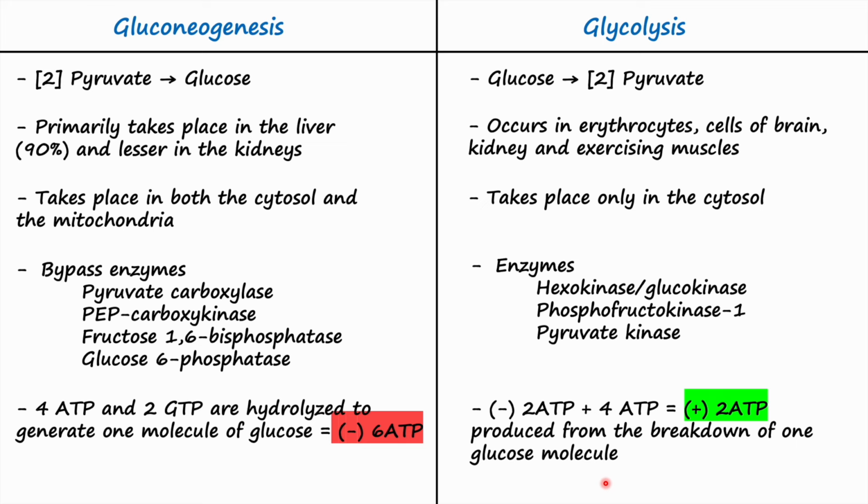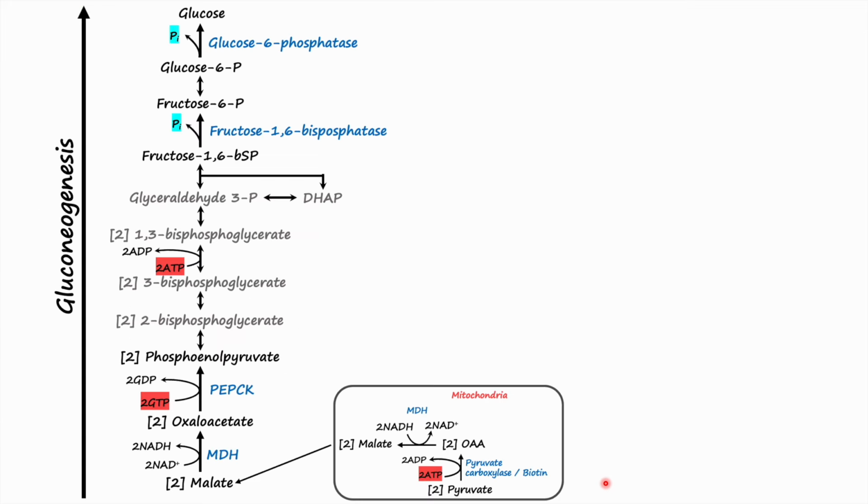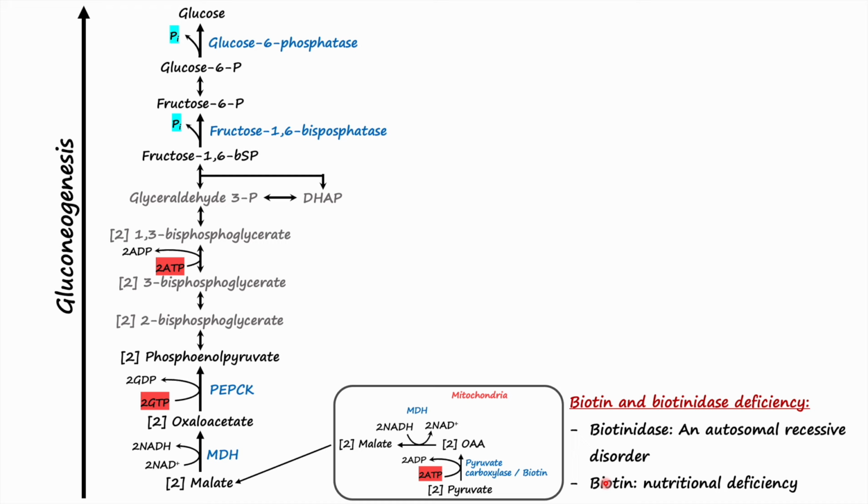And lastly, I also wanted to talk about the clinical significance of the enzymes involved in the gluconeogenesis pathway. First is biotin and biotinidase deficiency. Biotinidase deficiency is an autosomal recessive disorder, whereas biotin deficiency is a nutritional deficiency.